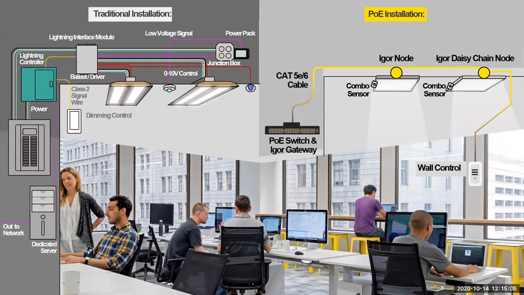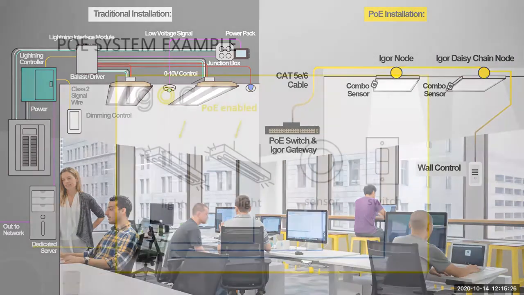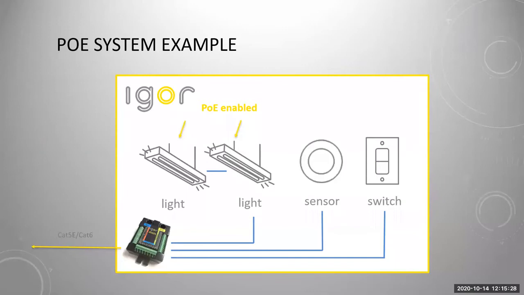That cable can all be pulled through the cable tray by low voltage contractors, so you don't need the higher labor rate of some line voltage master electricians. So really a lot fewer parts and pieces, a much more simplified bill of materials with the PoE installation.